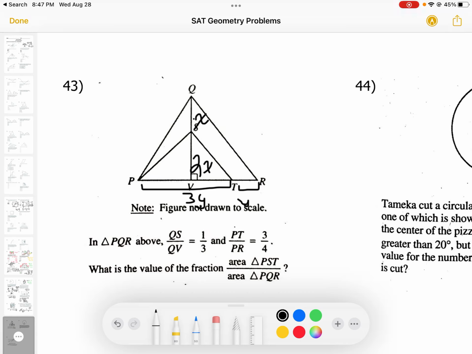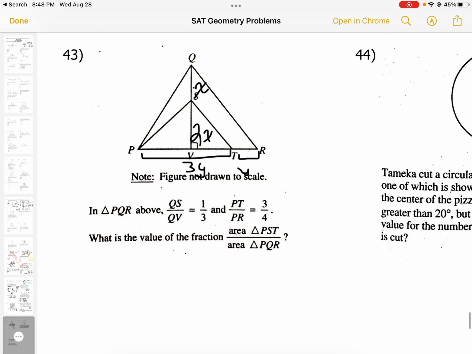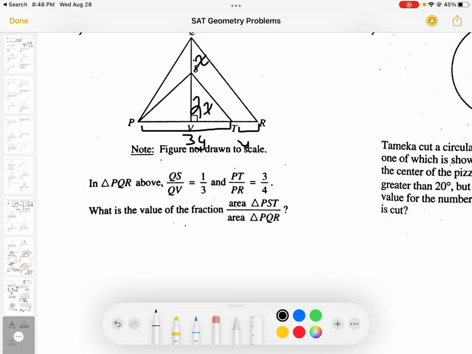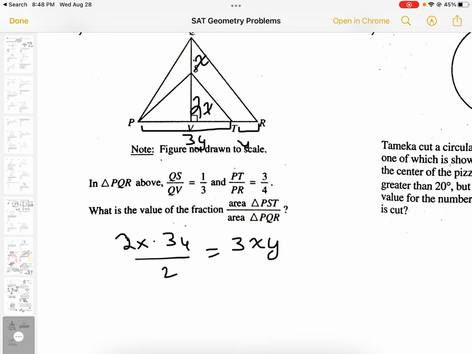And we want the value of the fraction area of PST over area of PQR. Now the area of PST in terms of X and Y is just 2X times 3Y by 2. That's 3XY.